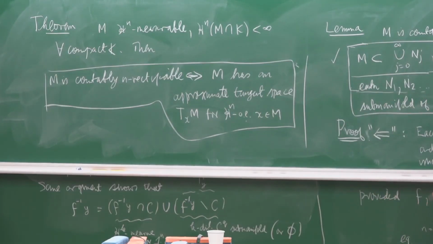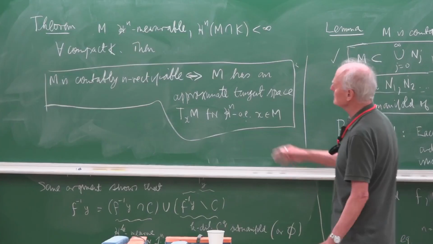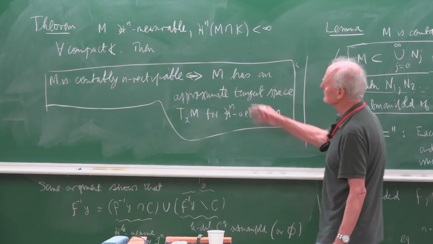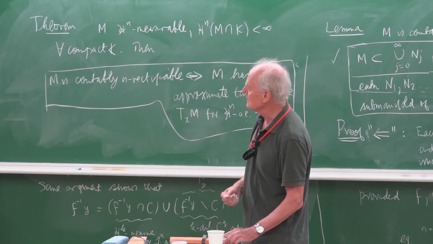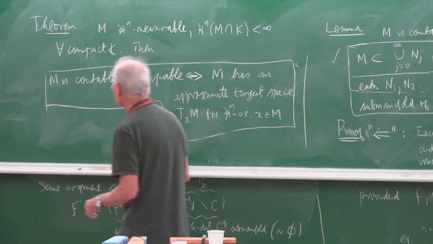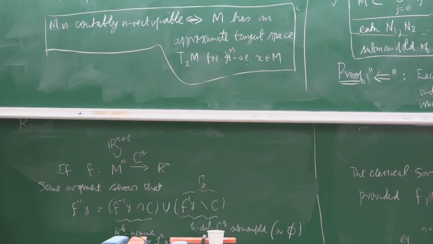So this turns out to be the key characterization of rectifiable sets. So I'll give the proof of this one next time. Since it's so important, I will give the proof. But for the time being, I just wanted to mention that this is unique.